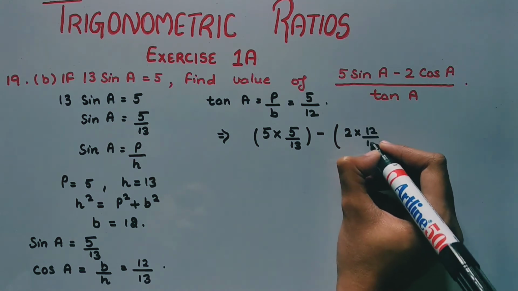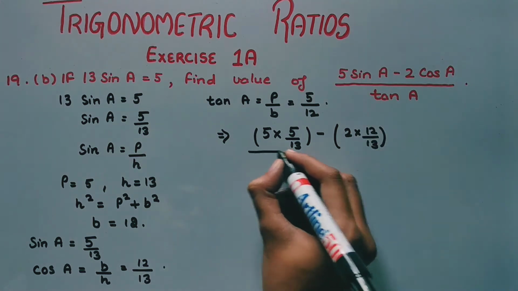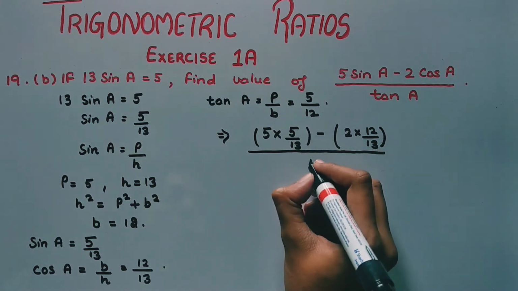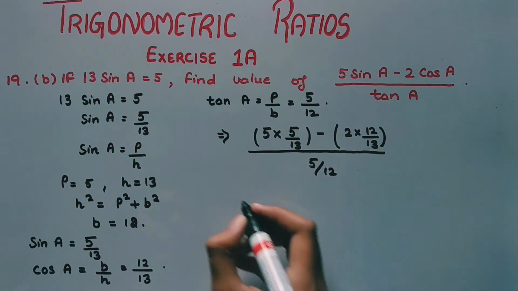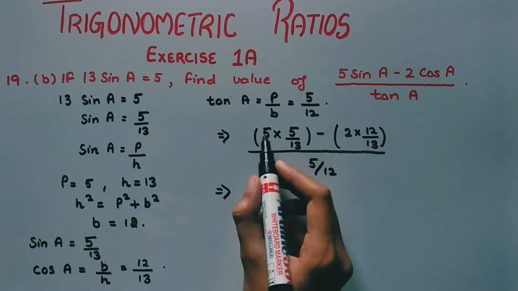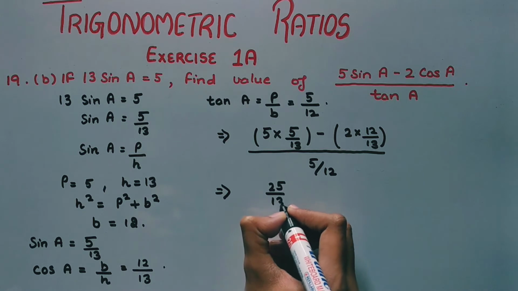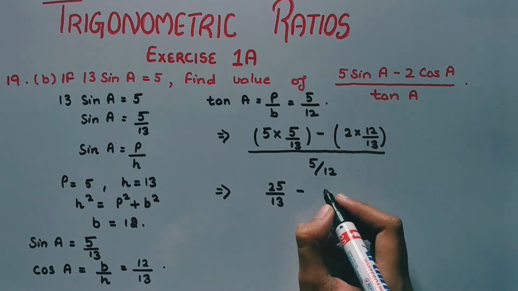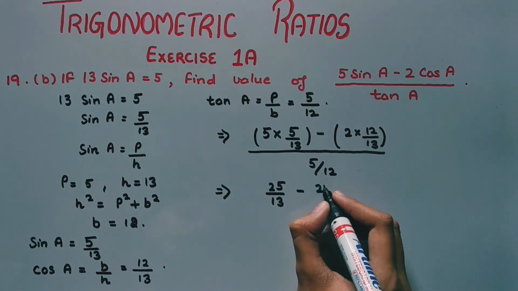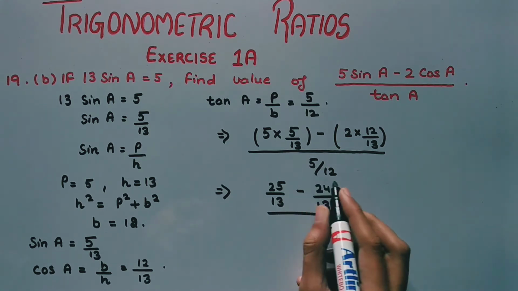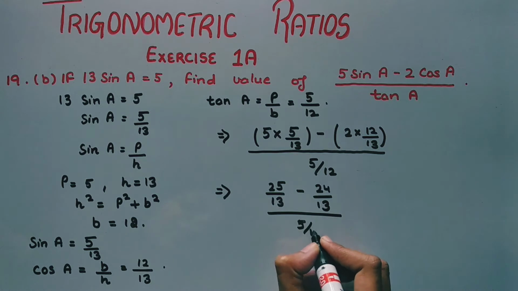Multiply 12 divided by 13, divided by tan A. Value of tan A is 5 by 12. We will solve this. 5 multiplied by 5 that is 25 divided by 13 minus 12 multiplied by 2 that is 24 divided by 13, divided by 5 by 12.